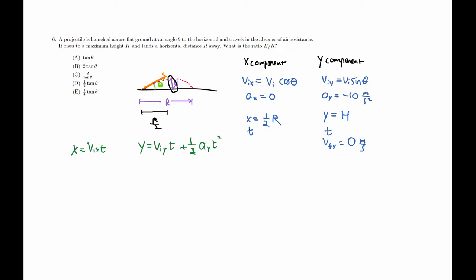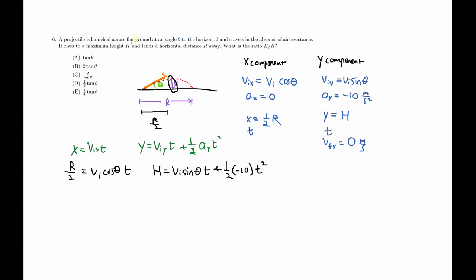For our x, it's gonna be 1/2 r, which equals v_i cosine theta t, and for our y, it's gonna be h equals v_i sine theta t plus 1/2 times -10 times t squared.